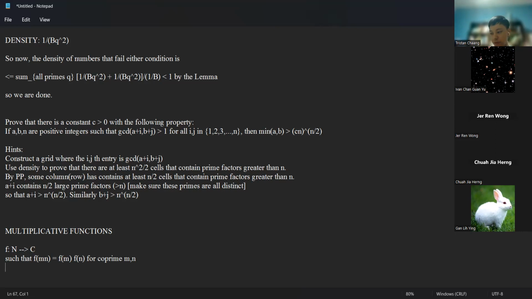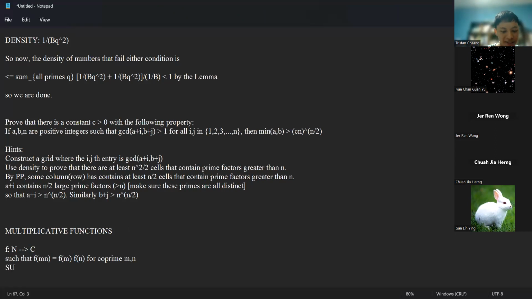So any examples of multiplicative functions? Any examples? Mobius function. Yeah. Oh yeah, d is one of them. Yes.